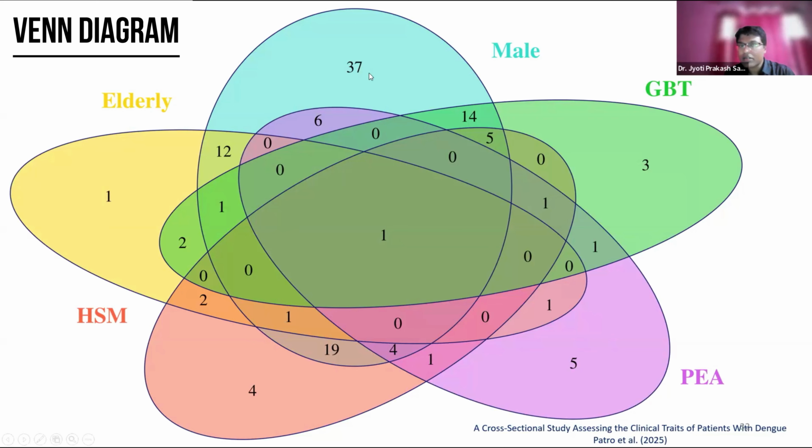These 37 patients were younger males, outside the yellow circle, not having any of these three symptoms. Is this clear? 37 younger male participants not having any of these symptoms. And one elderly female not having any of these symptoms.